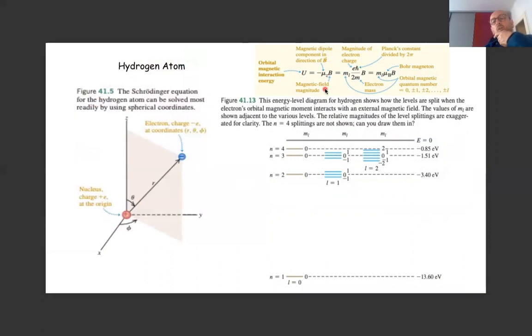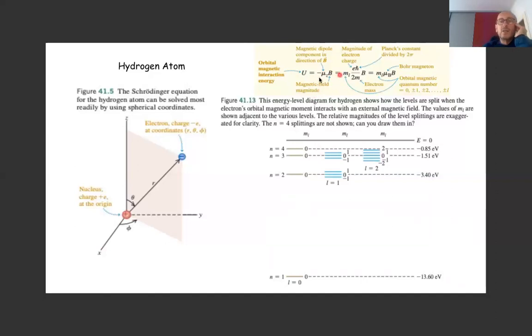The actual orbits of the electrons are not modified; they are only changed a bit, in that they are given different energies. It's not that the actual wave function is changed substantially, because this is a very small energy difference.